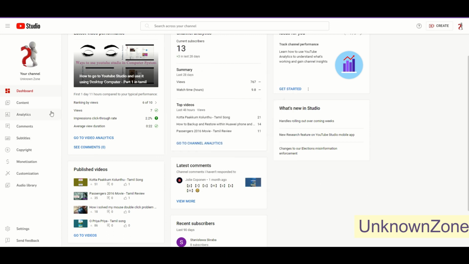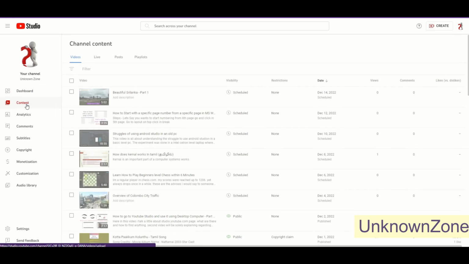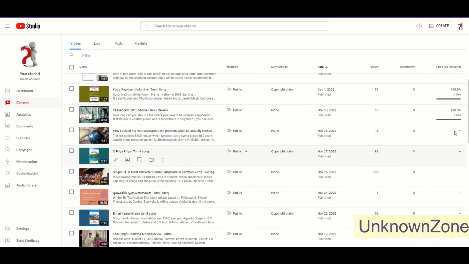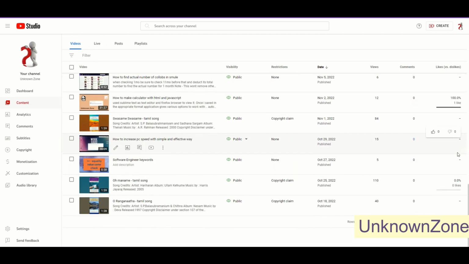Apart from that, we need to check the content part. When we see the likes and dislikes, all the videos we are sharing are for someone to view, so we need to make sure that someone views, and whether someone has not liked it. If it says 100%, all the votes are likes, but if it says 0%, it's one dislike.